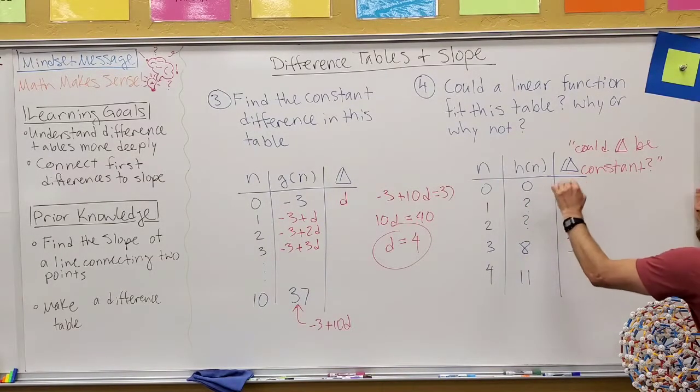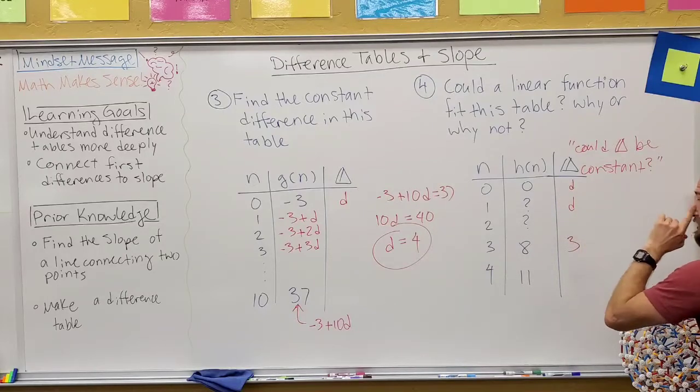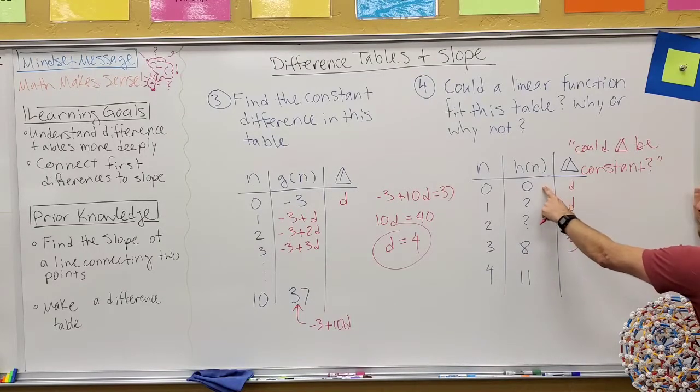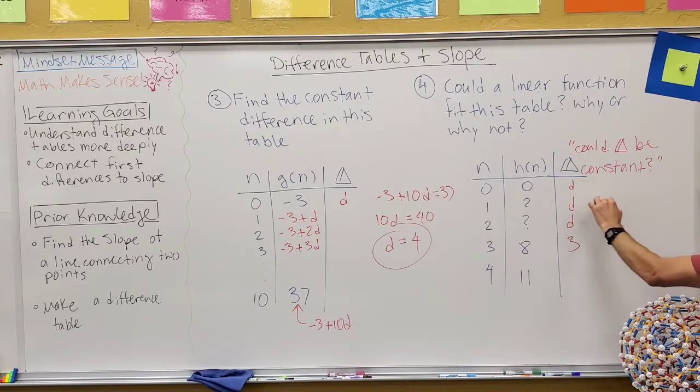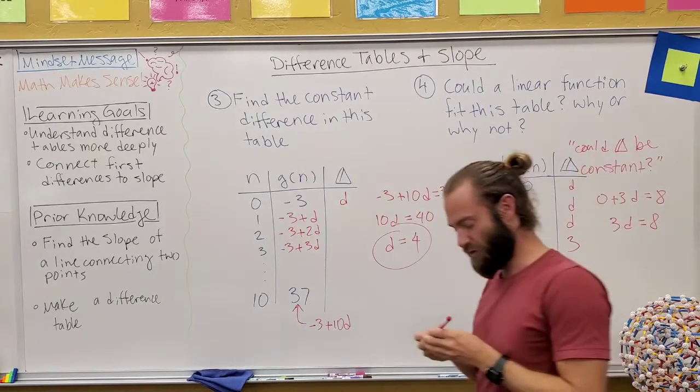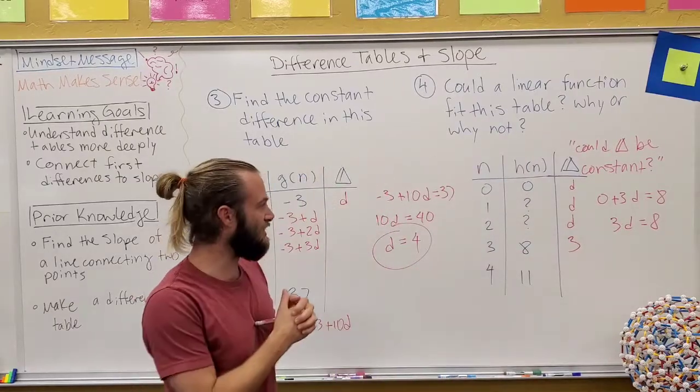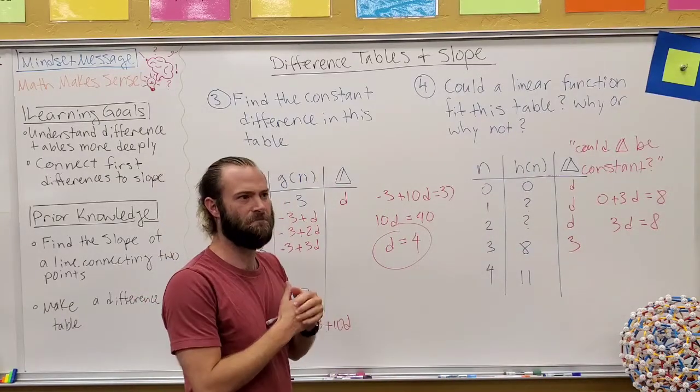If this is d and d, so if I have to add d, d, d, there are 3 d's, right? So 0 plus 3d is going to have to get to 8. And 0 doesn't have any effect, so 3d equals 8. But what do you notice the d value would be there if 3d equals 8?